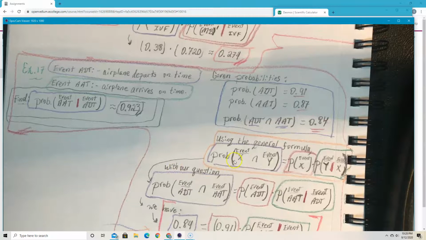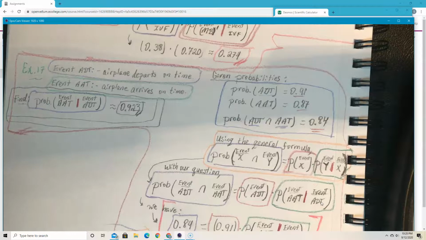With our question, the probability of event airplane departs on time and event airplane arrives on time, we know, according to this general formula, equals the probability that the airplane departs on time, the first event, times the probability of the second event, airplane arrives on time, given that it departed on time.